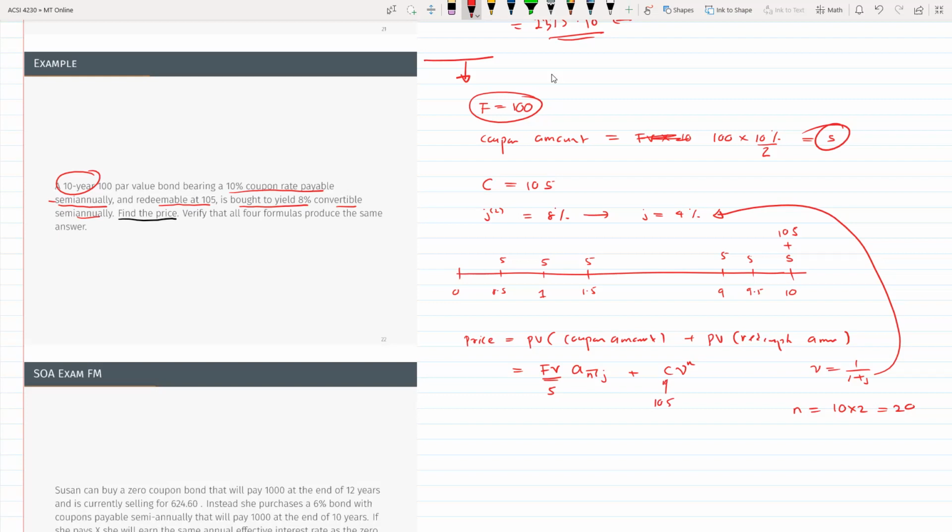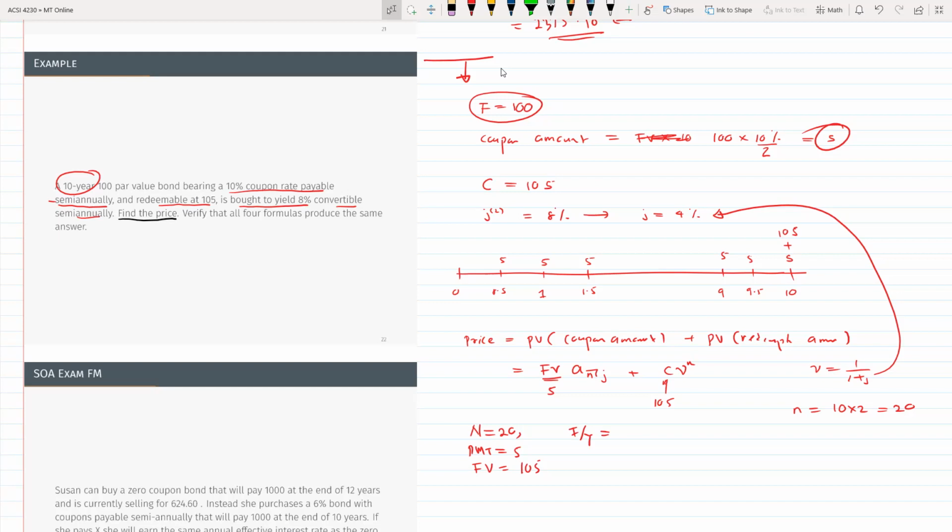Now, yes, this is the formula, but the way you calculate the price, basically you use your calculator. So you enter N to be 20, payment to be $5, future value to be 105. Both are positive because you are receiving the payment and the redemption amount. Then the rate, you can say I/Y, either you can use 4% or you can use 8%.